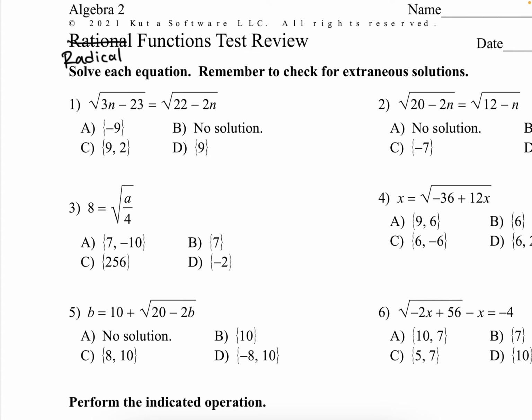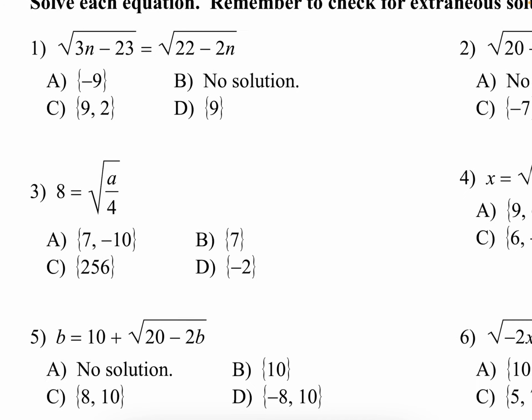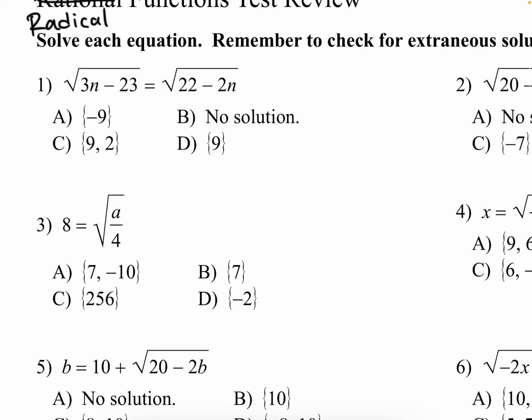And in number 1, we have two radicals. So step 1 was to isolate the radical on one side of the equation. When we have two radicals, we want to isolate both if possible. If not possible, we want to isolate at least one of them. So number 1, they're actually both already isolated.